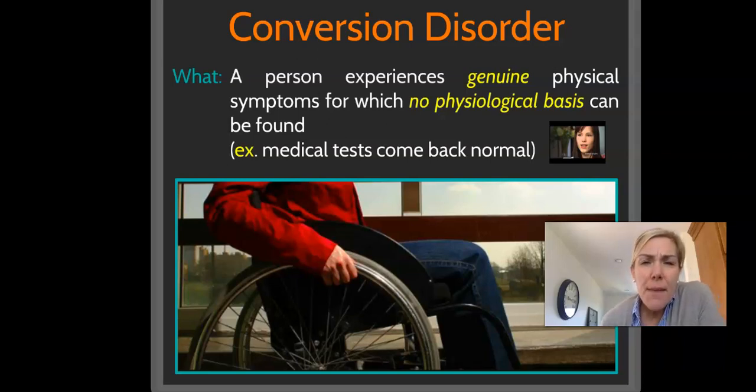Sometimes stress can be a major factor with conversion disorder. It's just like the physical effects of a lot of stress. And eventually, with Ashley's cousin, he was able to walk again, but it took a long time for that to happen.